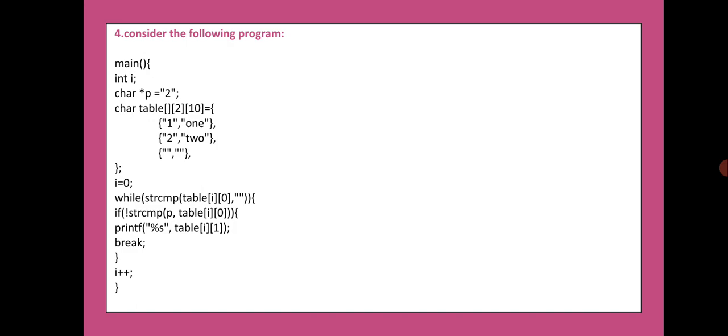So we have string compare of table[i][0], comma, quote, right? If not string compare, printf %s table[i][1], break, and post-increment i++.